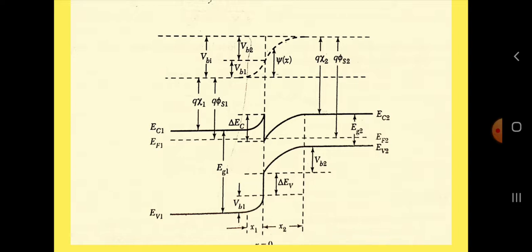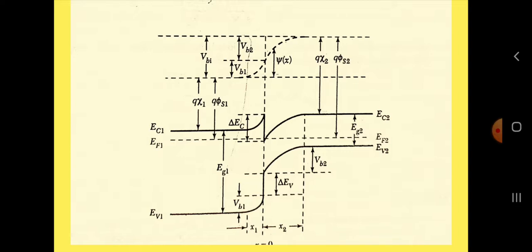When x is equal to 1, we have AlAs with a band gap of 2.17 electron volts and a lattice constant of 5.6605 angstroms. The band gap for ternary AlxGa1-xAs increases with x. However, the lattice constant remains essentially constant. Even for the extreme cases where x is equal to 0 and x is equal to 1, the lattice constant mismatch is only 0.1%.